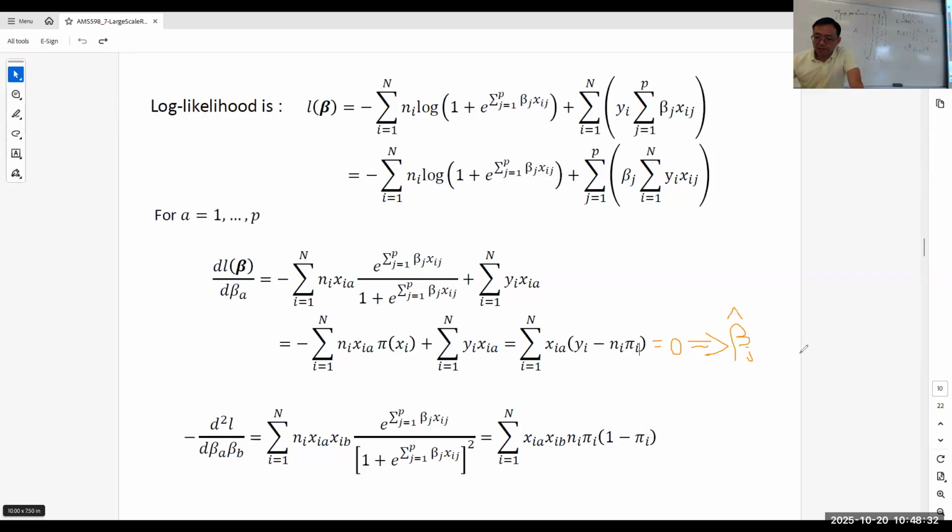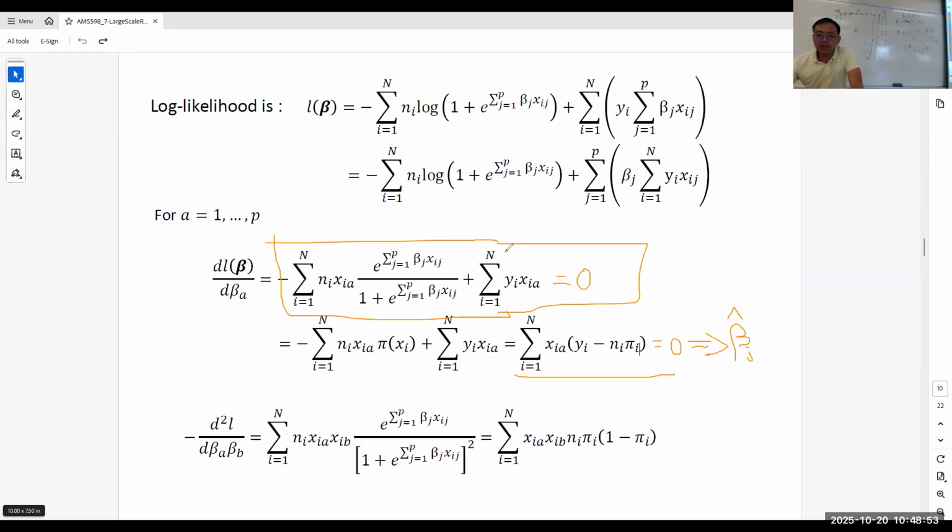Unfortunately, this equation is not a linear equation. It's not a linear system. It's a non-linear function, because what you really want to solve is this equation right here.